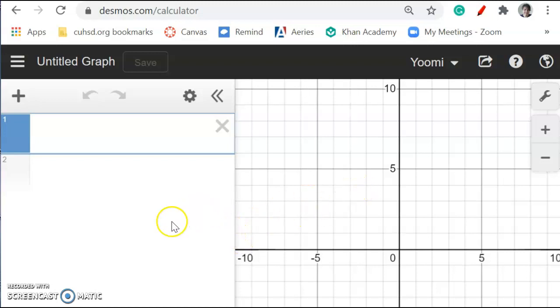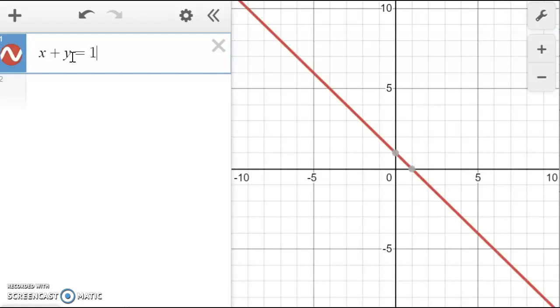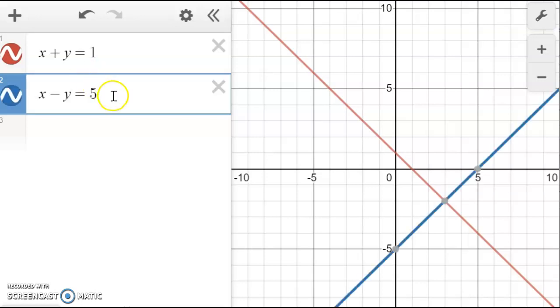Okay, and then from here you can type in x plus y is equal to 1. That's our first equation. It's going to graph it for you. Then I also want x minus y is equal to 5. That's my second equation, right?